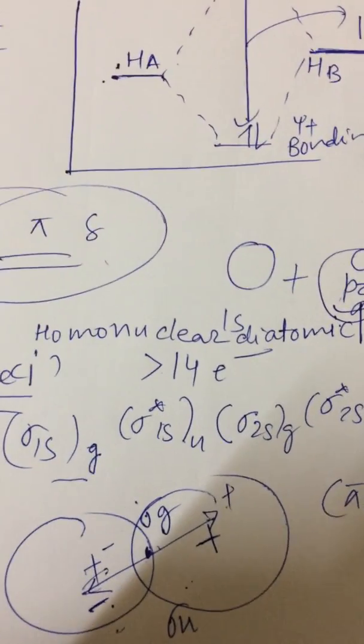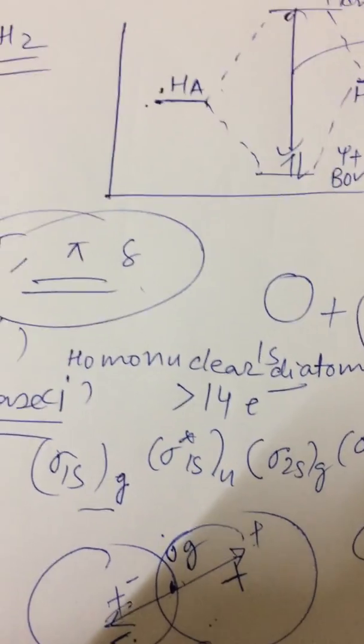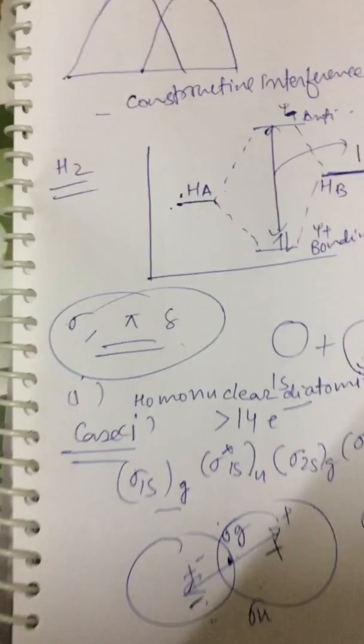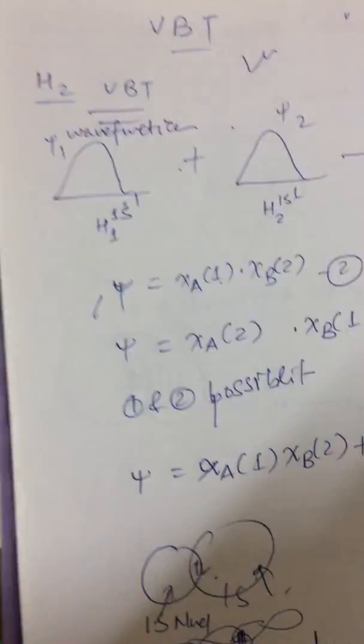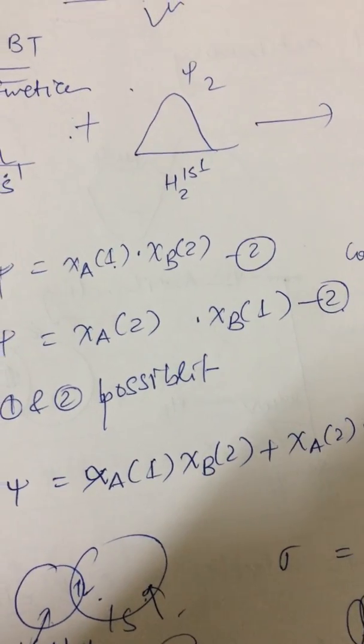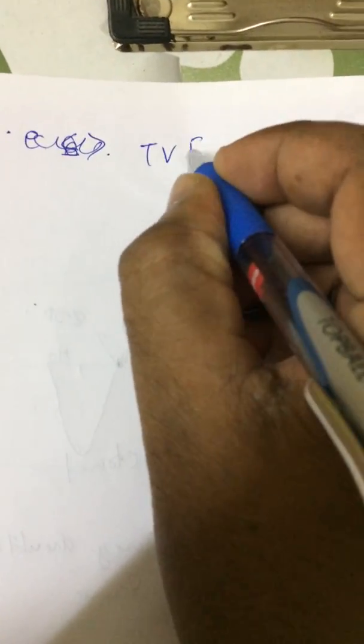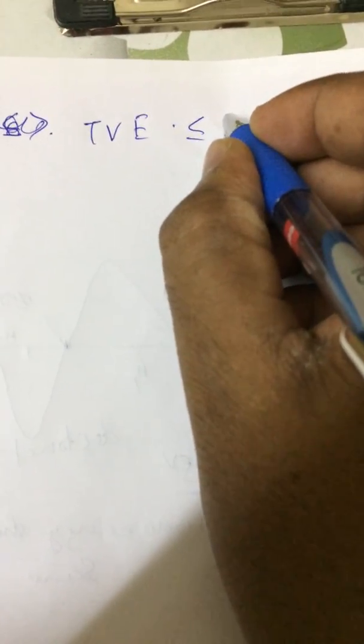Okay guys, so another formula. If the total valence electrons of the molecule are less than or equal to 14, then only the basic order will change.